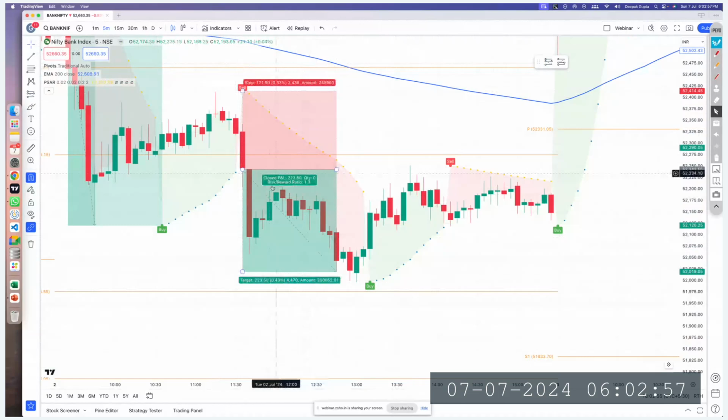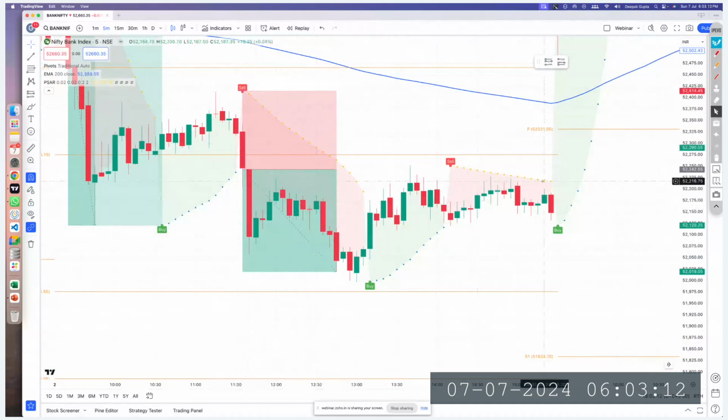So the second one was just about a risk to reward ratio of 1:3. But still, it was profitable because the stop loss level did not reach until the end of the day. So even if I had closed at the end of the day, I would have made some profit.